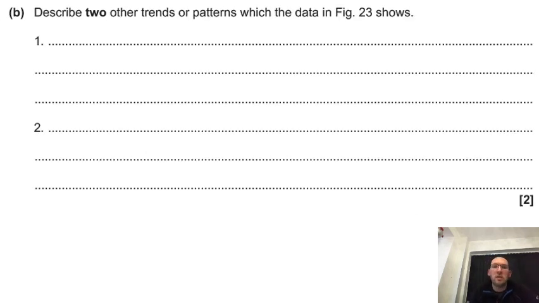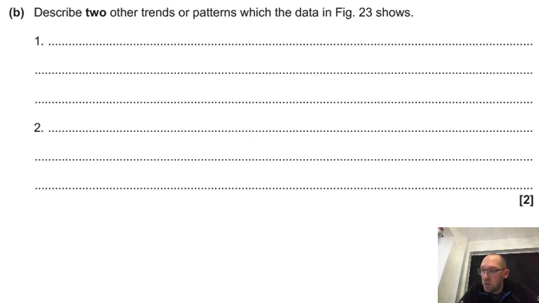Describe two other trends or patterns which the data in figure 23 shows. This was answered well by many candidates who often scored the full 2 marks. Candidates who carefully read the graph with its corresponding data were able to extrapolate the key trends.